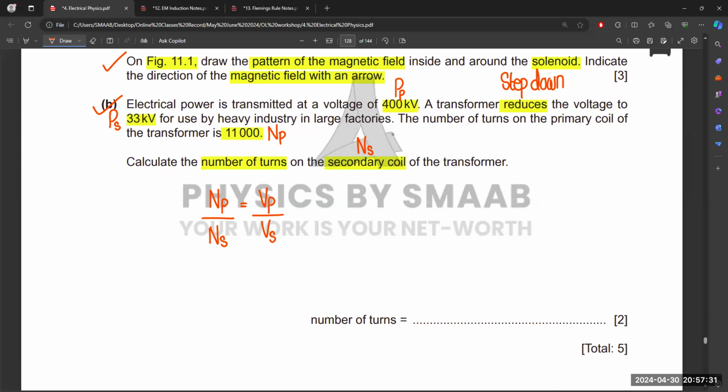So the number of secondary turns will be equal to, okay, this is voltage because it is mentioned kilovolt, primary and this is secondary.